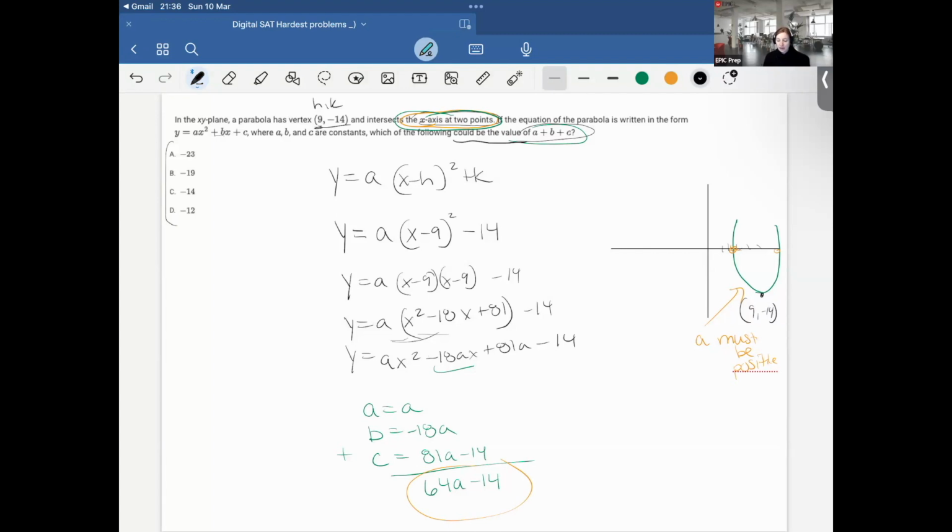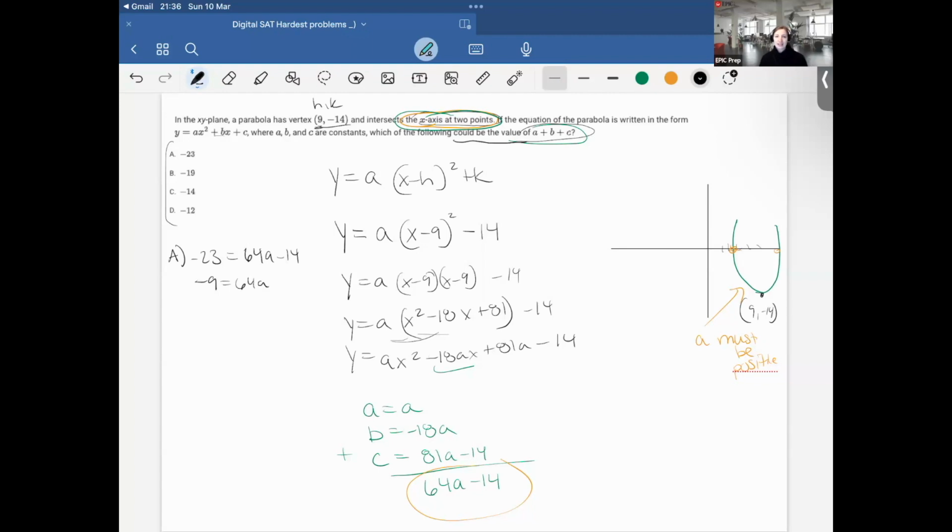So let's see. For example, choice A is -23. So if I set -23 equal to the equation 64a minus 14, and I add the 14 to each side, that'll give me -9 equals 64a.